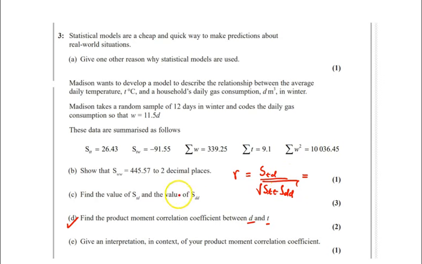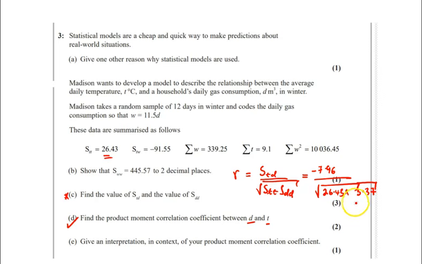We calculated STD already in part C, so you can check your values. STD was negative 7.96 over the square root of STT, which is 26.43, multiplied by SDD, which we've just found, which was 3.37 if you round it.